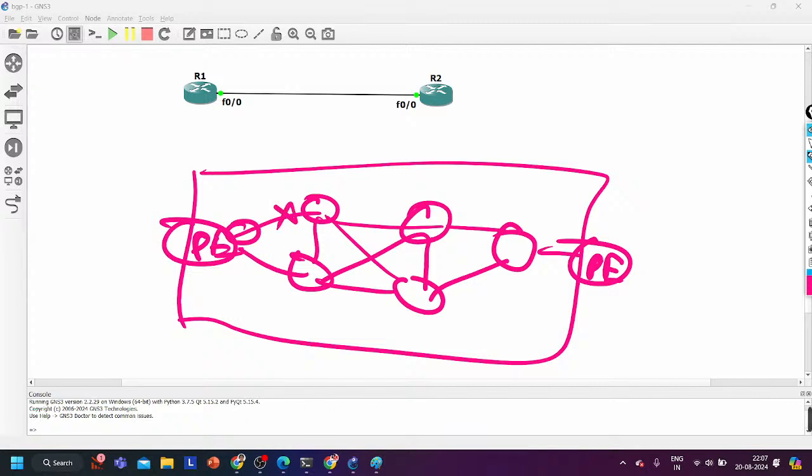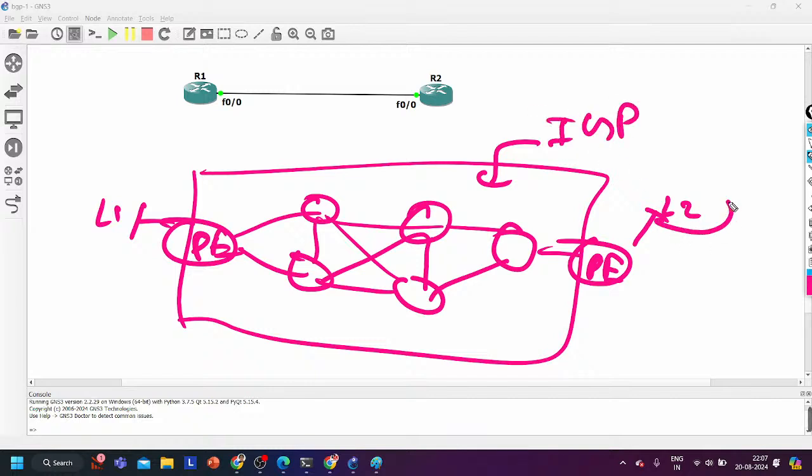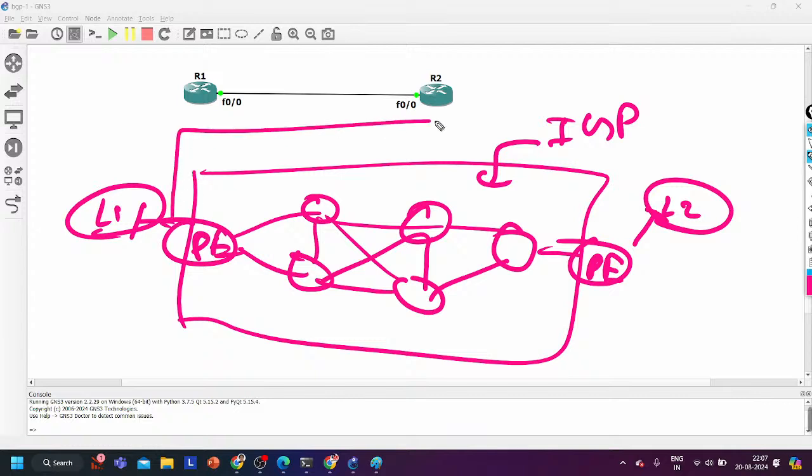Then my BGP neighborship will go down. So it will be better. Here I can create loopback 1, here I can create loopback 2, and I can configure any IGP here to make reachability between loopback 1 and loopback 2, and we will share lakhs of prefixes between PE to PE directly, right? Because now we have BGP neighborship here.